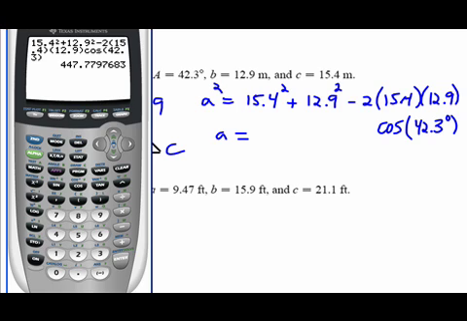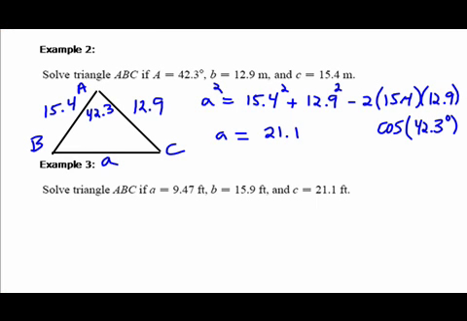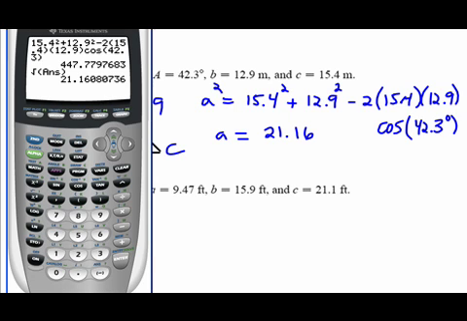Turn around and take the square root of the answer. 21.16. A is 21 point... uh-oh. Did I enter something in wrong? 15.4, 12.9.